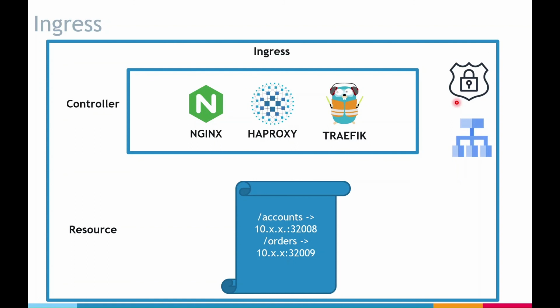So it would be helpful to have only one TLS termination at the load balancer level, so that any Kubernetes administrator can just change it based on the requirement. It can get expired, or for whatever reason, there's a single point where they can change it rather than going to each application. The other thing is that since it's Nginx, HAProxy, and Traefik, these are load balancing products, so it gives you load balancing ability. That is how an ingress in Kubernetes is created. It's basically controller and resource.